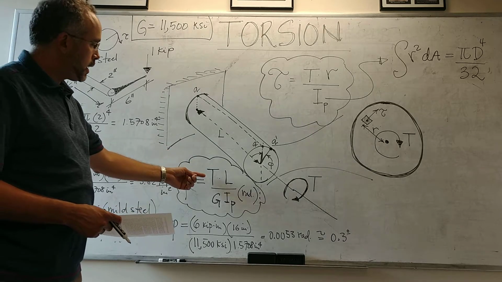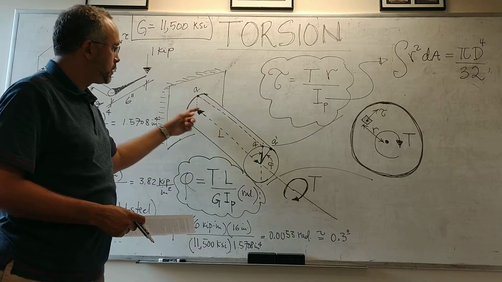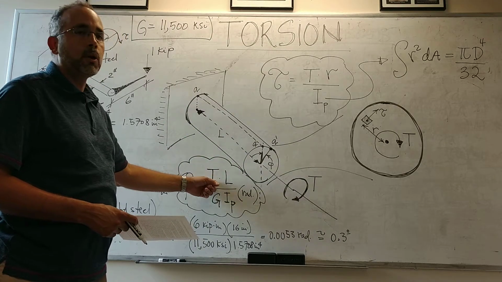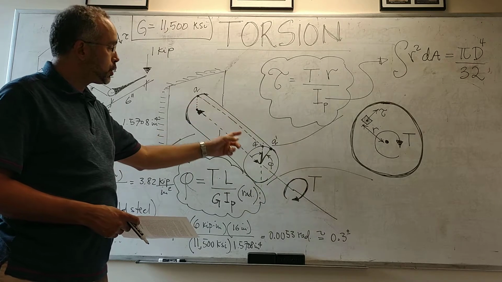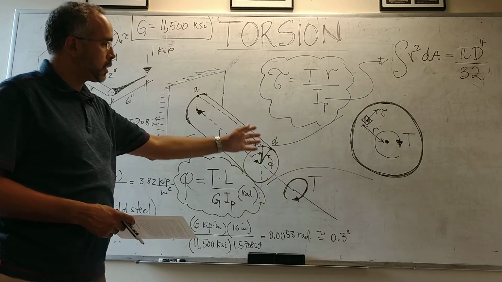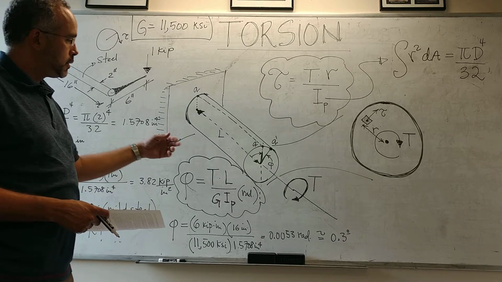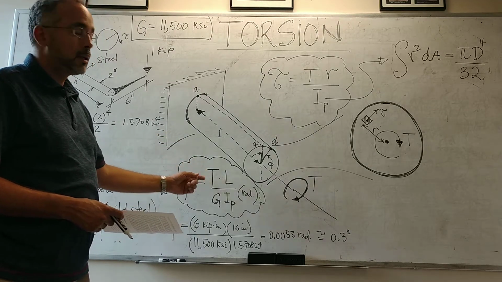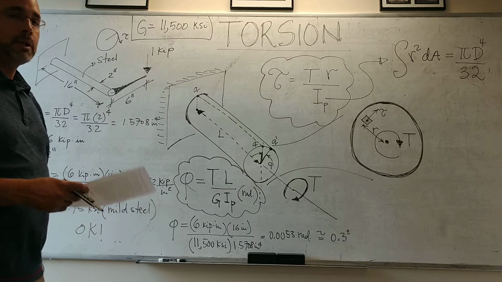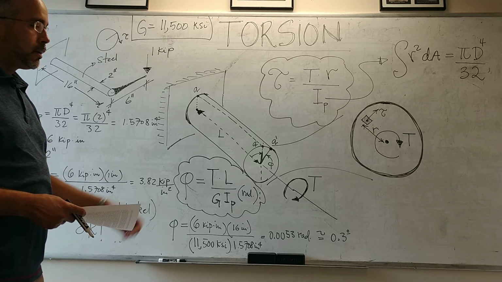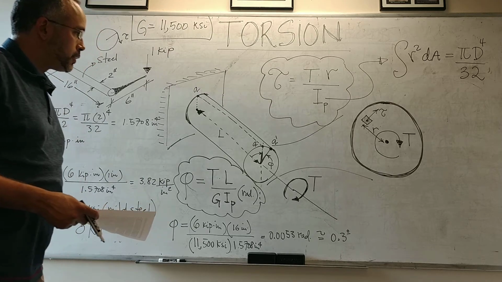The other thing is that this assumes that the shaft is subjected to a constant torsional moment. If you have a torsional moment that is varying across the length for whatever reason, then this formula needs to be modified to include that effect, and we will discuss that in future sessions.